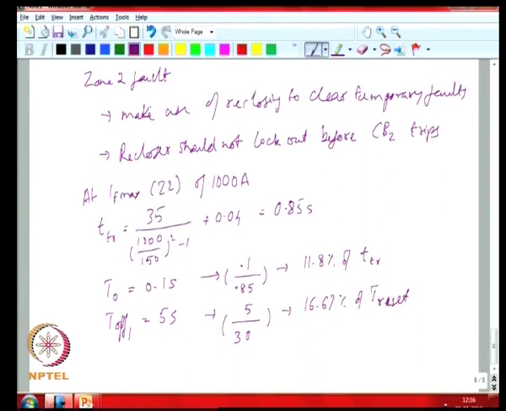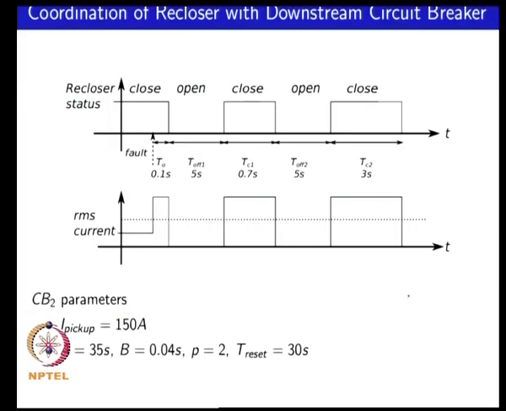So, at the end of your cycle over here, at this particular point, your circuit breaker 2 is now fully reset. The fault current level took it up to 11.8%, it came down to 0, it is fully reset at this particular point of your operation of the recloser.